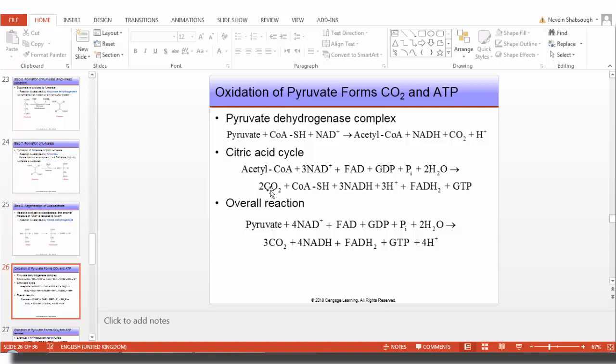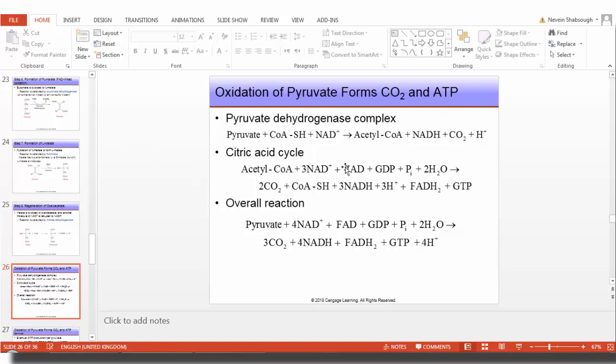As a result of this oxidation, 1 molecule of GDP is phosphorylated to GTP, 1 molecule of FAD is reduced to FADH2, and 4 molecules of NAD+ are reduced to NADH. Of the 4 molecules of NADH produced, 3 come from the citric acid cycle, and 1 comes from the reaction prior to the cycle.